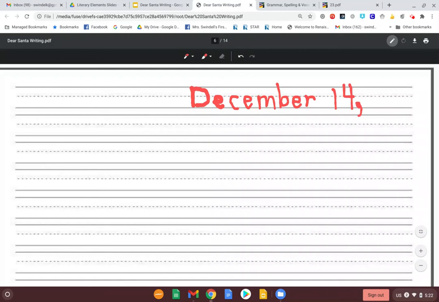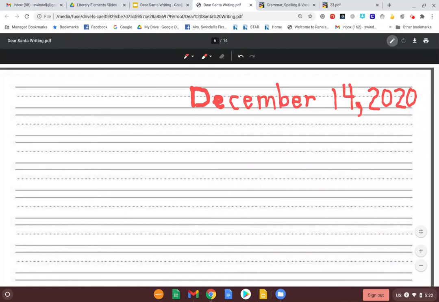December 14th is the day, and then 2020 is your year. Okay, I'm just about out of room. So usually you just indent that, it goes over a little bit. So we always start a friendly letter with the date.